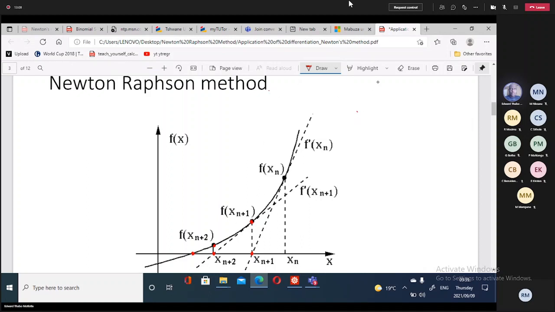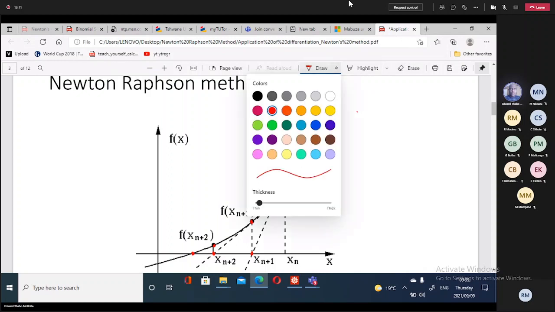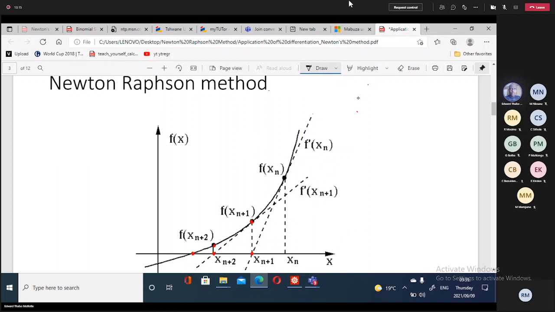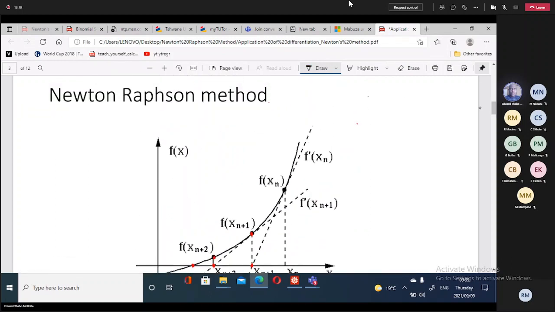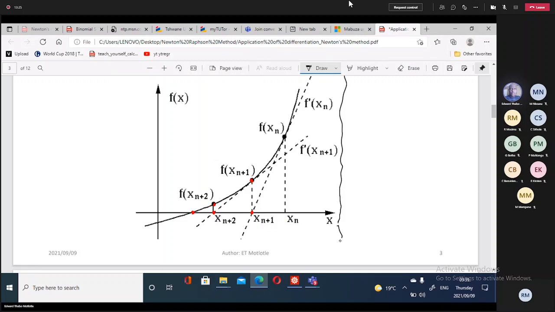Now I'm going to derive the equation that we are going to use. When I say derive, you must show all the steps. Maybe I can do it here, I'll try to fit it here because I'll be using this graph.